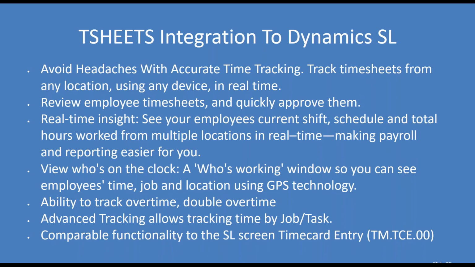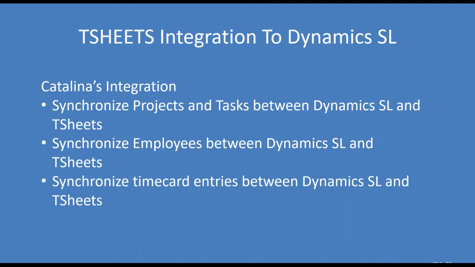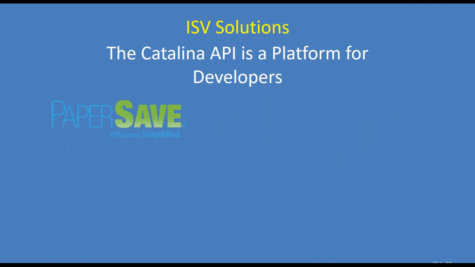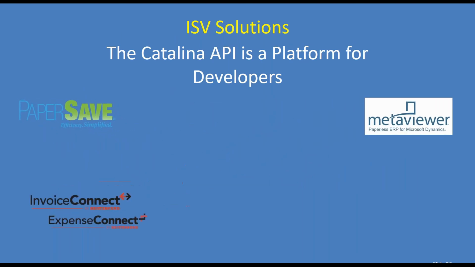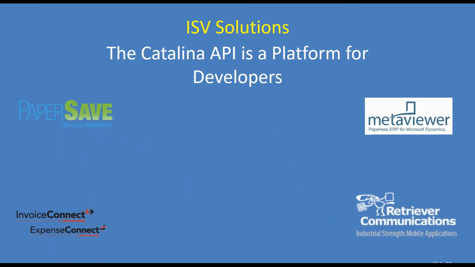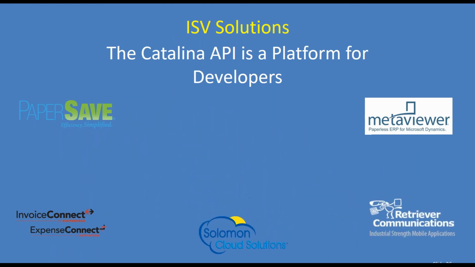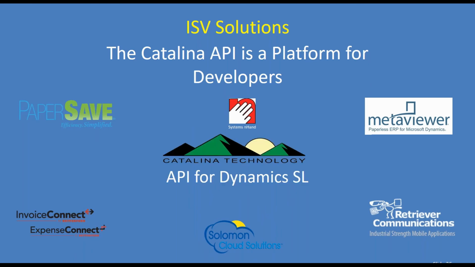What we can do is synchronize projects and tasks, employees, and time card entries between Dynamics SL and T-Sheets. Now, I talked a lot about our API and how we've done integration, but our API for Dynamics SL is a platform that other software developers are using to integrate their solutions to Dynamics SL, and these are just a few of them here.